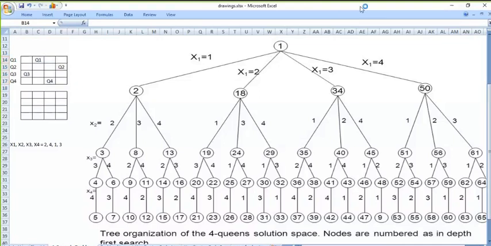Here, the depth first search path is 1 to 18, 18 to 29, 29 to 30 and 30 to 31. x1 is 2, x2 is 4, x3 is 1 and x4 is 3. So this particular path gives us a solution for the 4 queens problem.